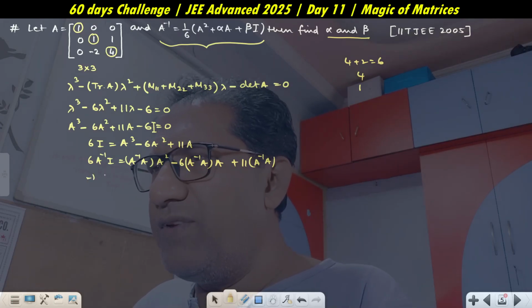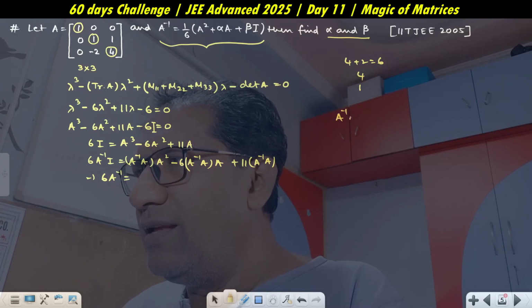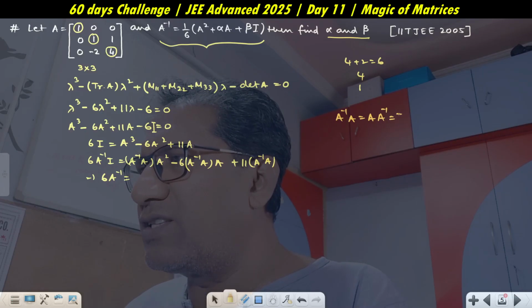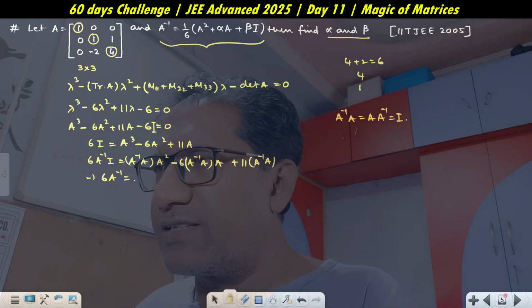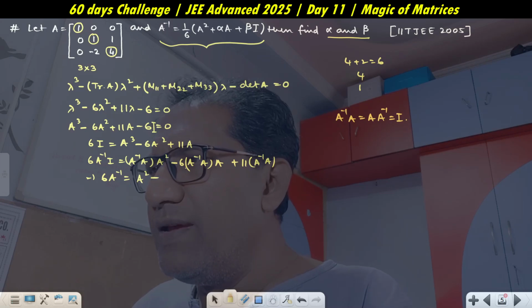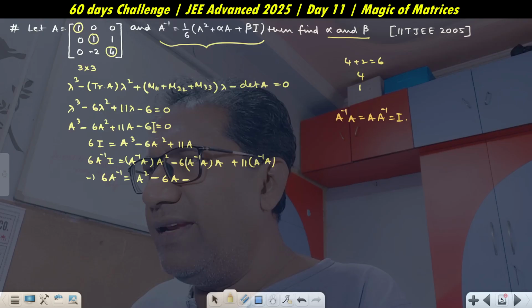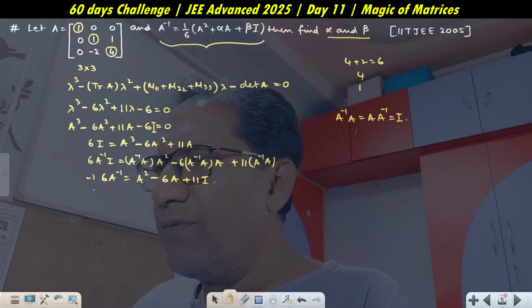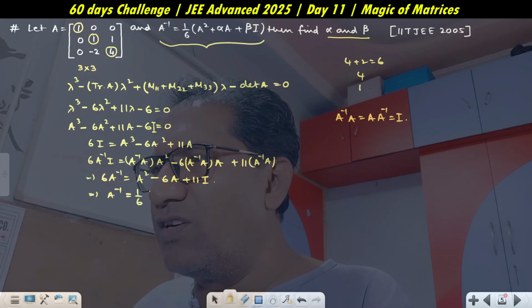So from here we are getting 6A inverse, because we all know that A inverse A is the identity matrix. So it is IA square gives us only A square, 6IA gives us only A, and 11I. So from here we have A inverse is 1 over 6, A square minus 6A plus 11I.